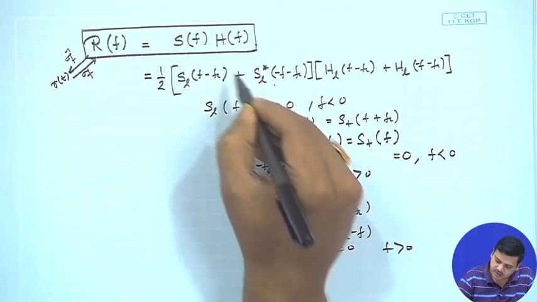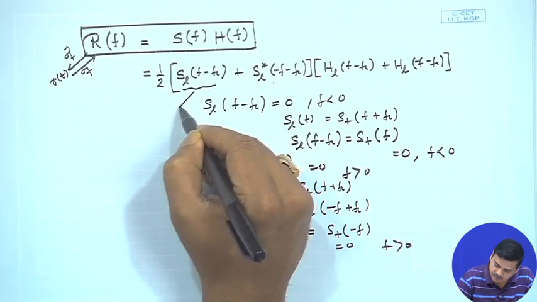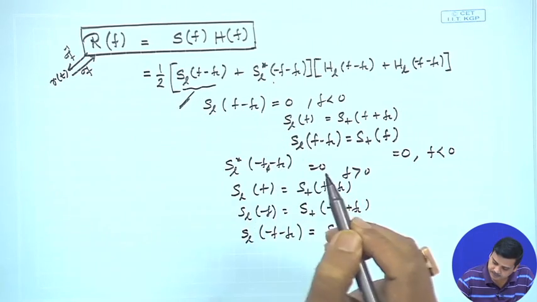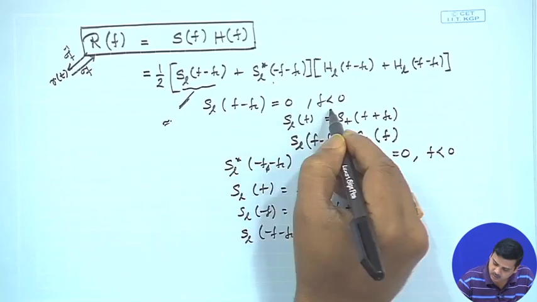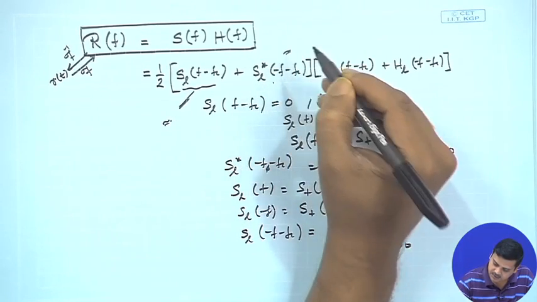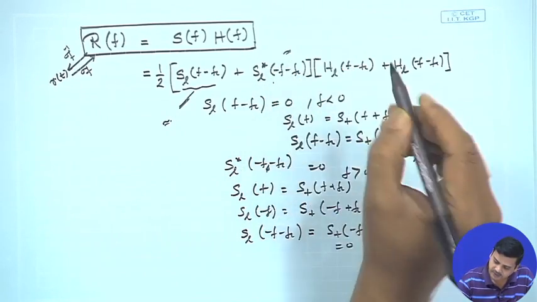So, that means this thing is nearly 0 for f less than 0, and this thing is nearly 0 for f negative.